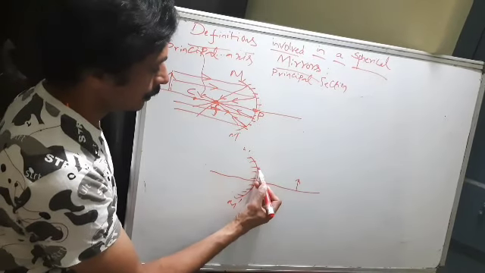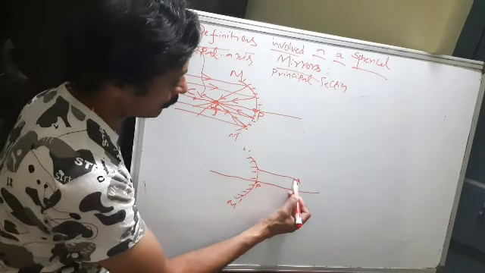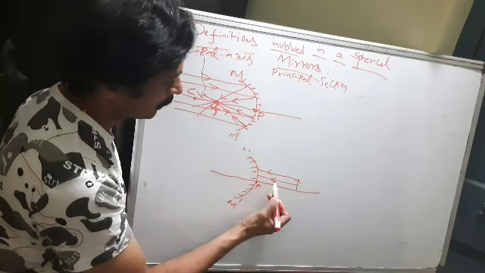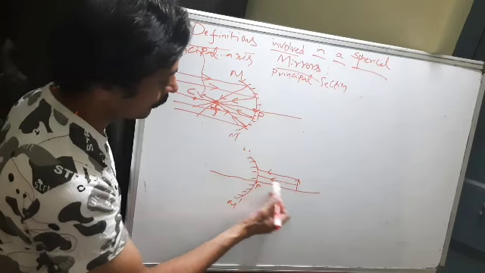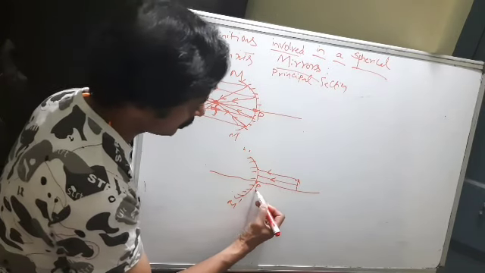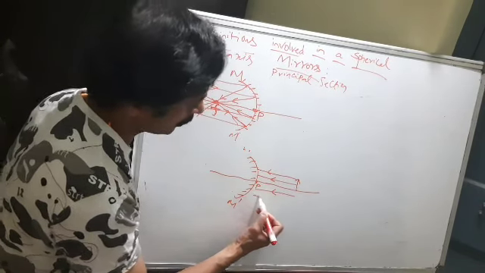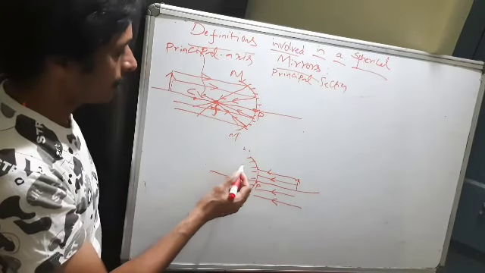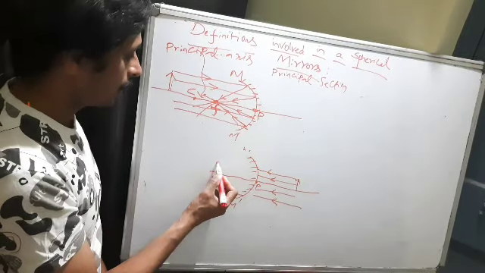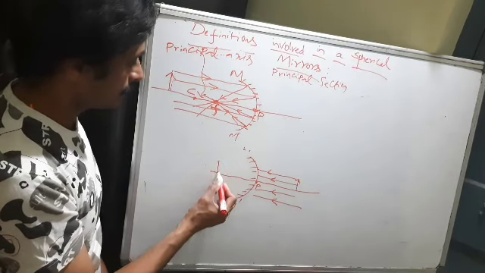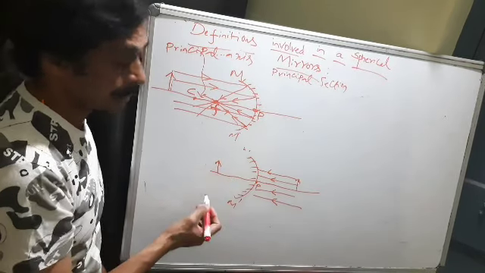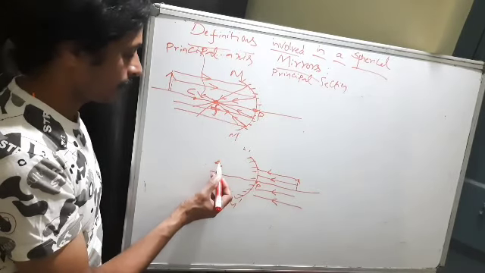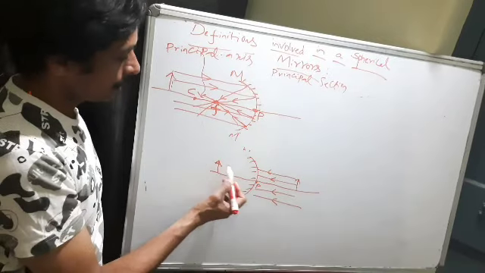Now the rays of light hit the mirror like this. Always in case of convex mirror, you will get a virtual image like this.